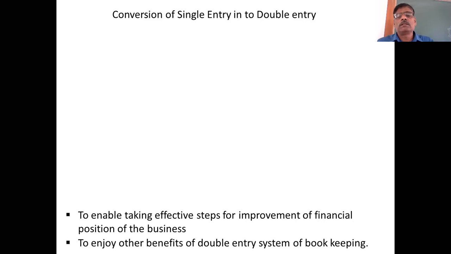And in the single entry system of bookkeeping, there are three methods. There are three types of single entry system. The three types of single entry system are: one is pure single entry system, second is simple single entry system, and third is quasi single entry system. There are three types.